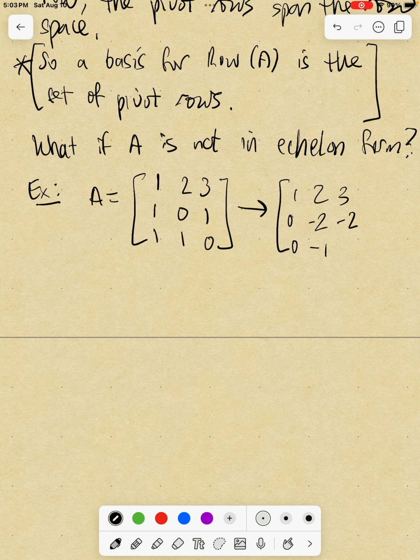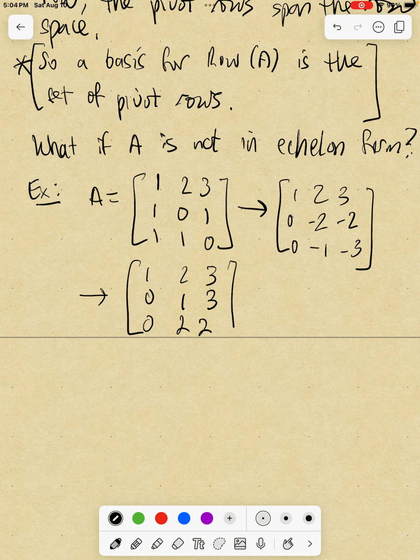Let's see what that is. Let's swap rows 2 and 3 and then multiply by -1. Then row 3 minus 2 row 2. I get the identity.